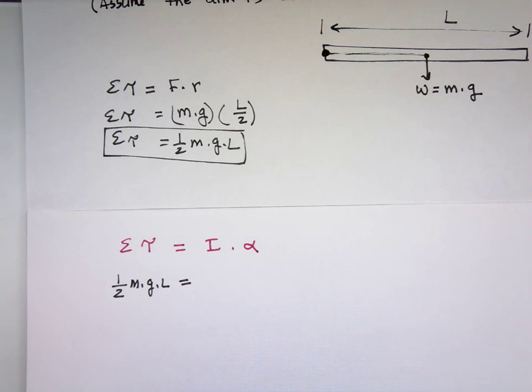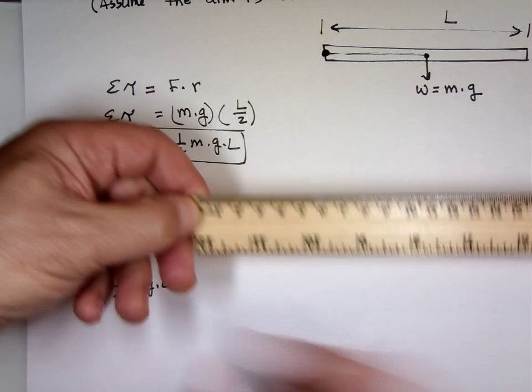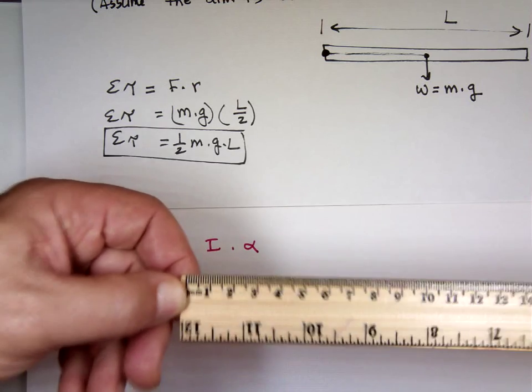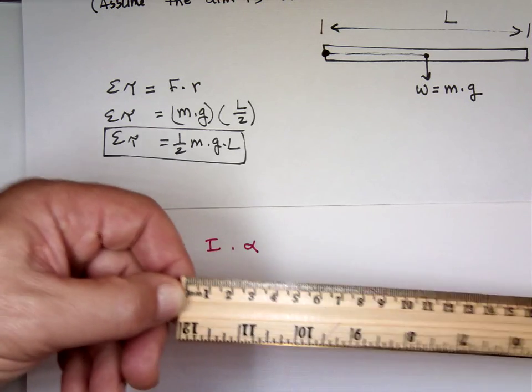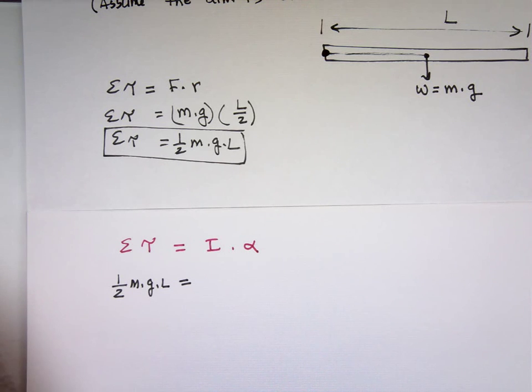Well, you're treating this as an arm. This is my arm. It's spinning around this end. So the inertia for a beam that spins around its end, I think it's 1/12 ML squared, I think. Let me double check. Around its end, no, it's 1/3.